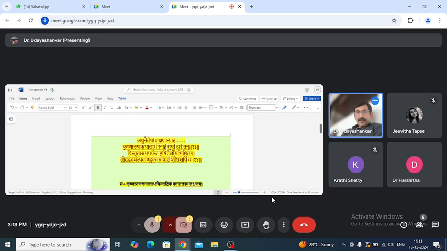Rishite lomabhischitam: during loma harsha, it is covered by hairs.